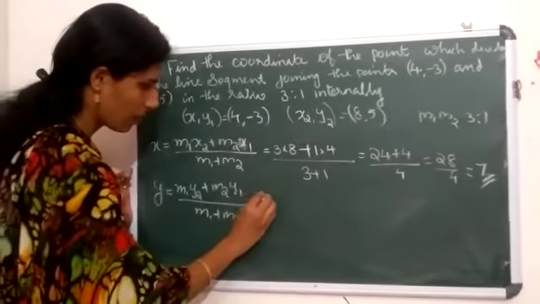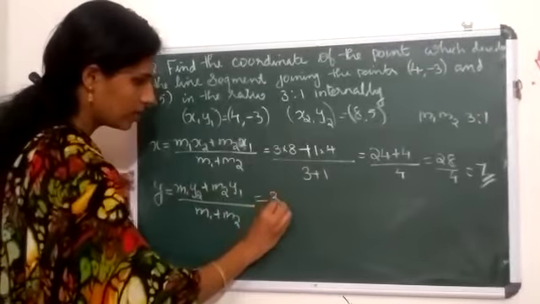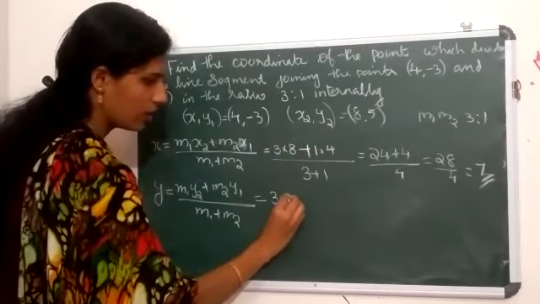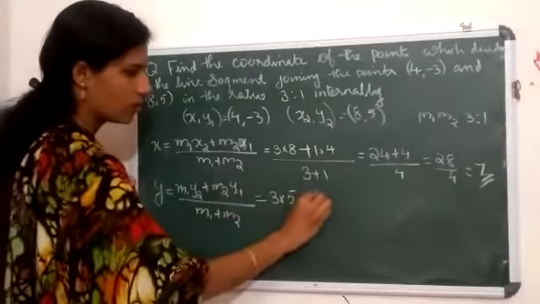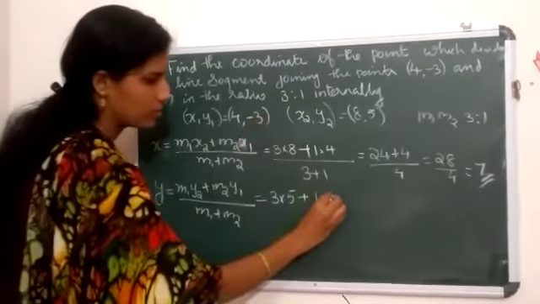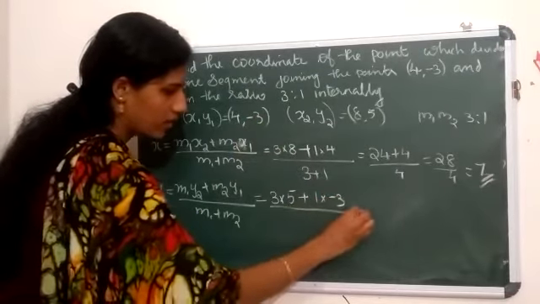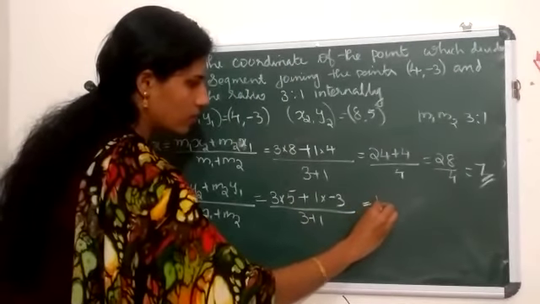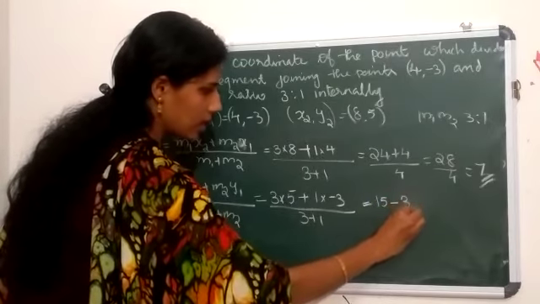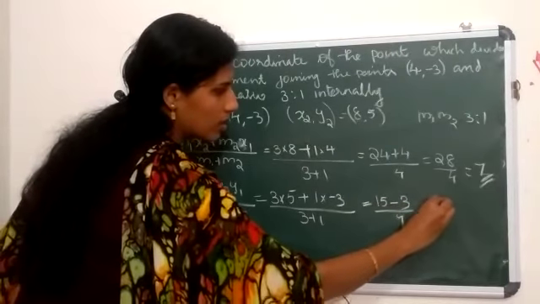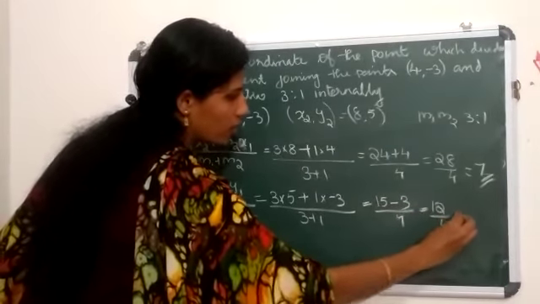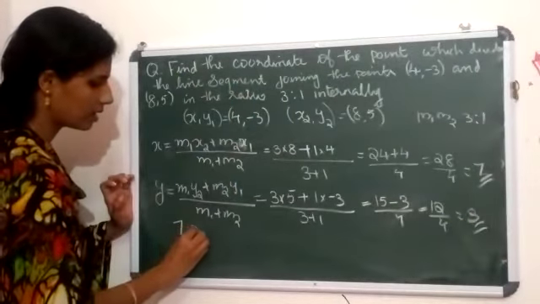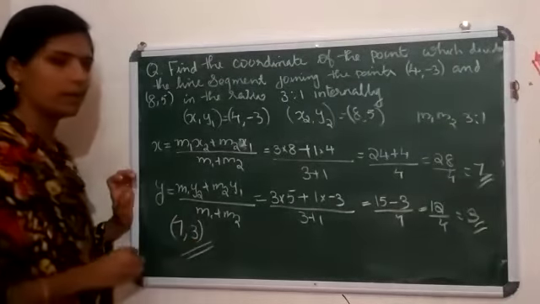So now apply the values here. 3 into what is our y2? y2 is 5. 3 into 5 plus m2 is 1 into y1 is -3, divided by 3 plus 1, that is equal to 15 minus 3 divided by 4 is equal to 12 by 4 is equal to 3. So 7 and 3 are our required point.